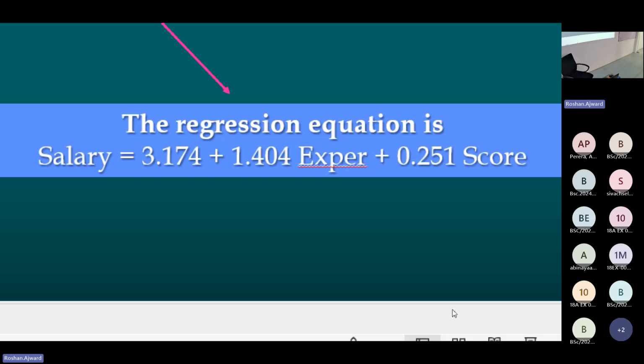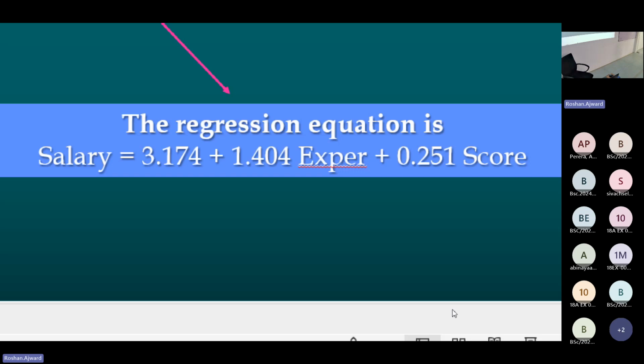Will it increase? Because there's a positive sign before it: plus 1.404. So what it means is, if the computer programmer's experience goes up by 1 year, because the experience is counted in years, what will be the increment in salary?